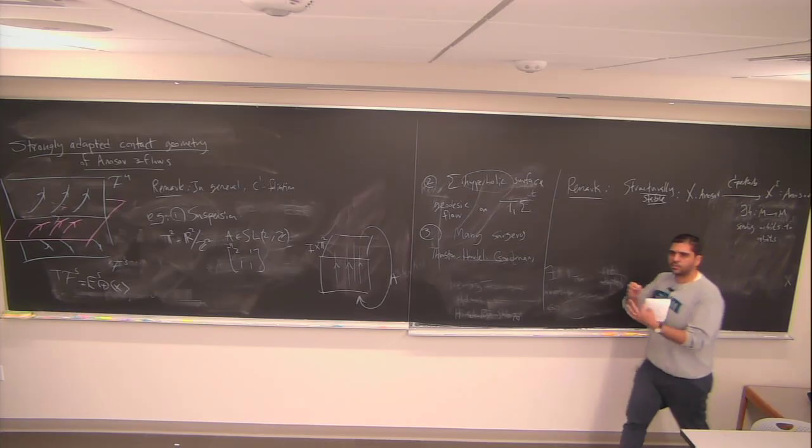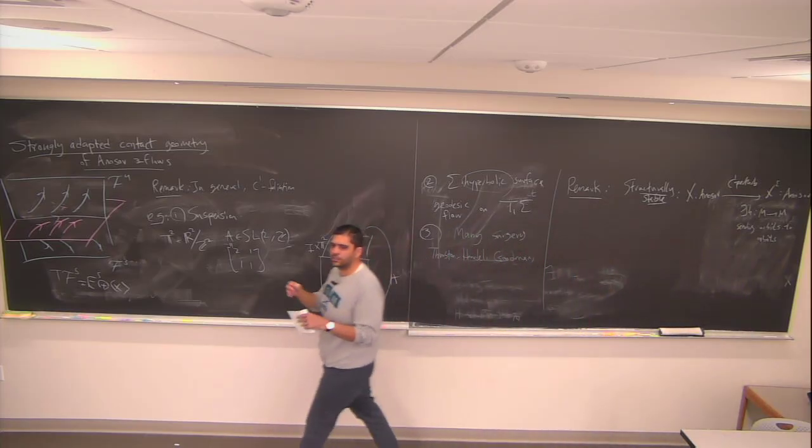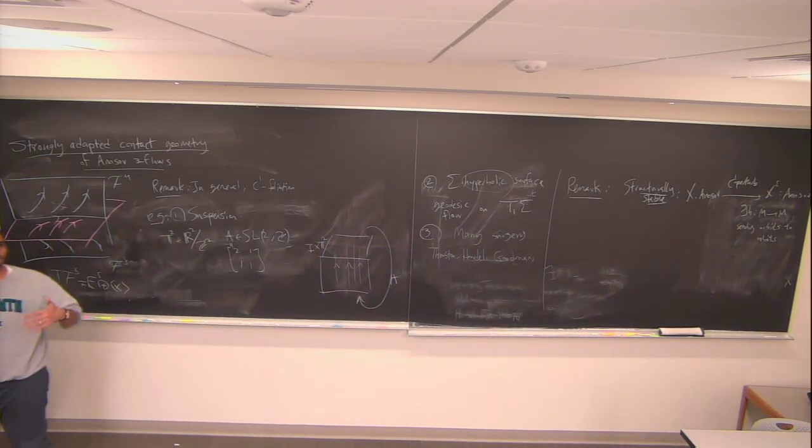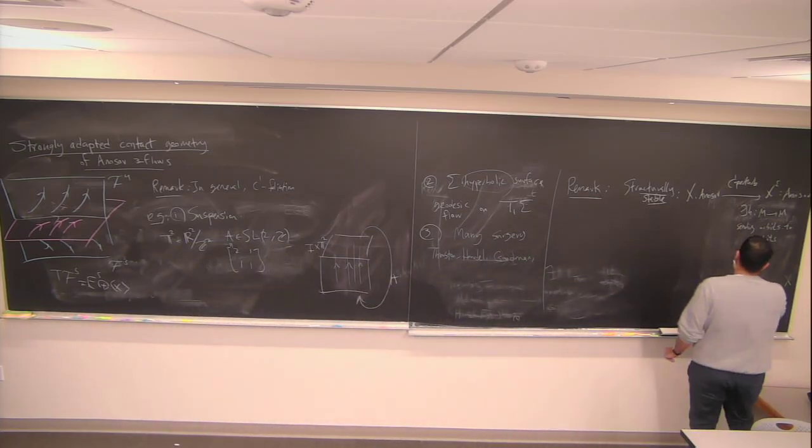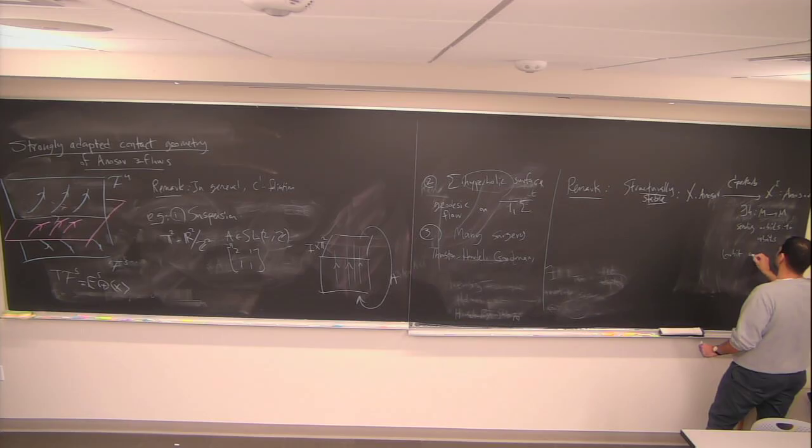Which means that by just perturbing the flow, you can't produce a new flow which has a fundamentally different orbit structure. And if you think of this as an equivalence class, this is called orbit equivalence.